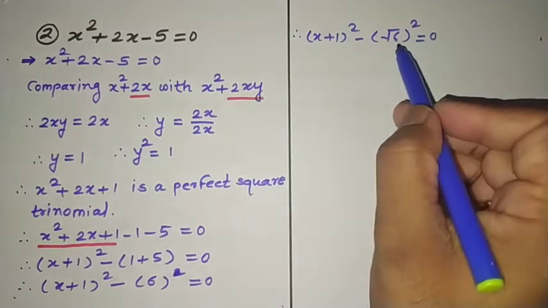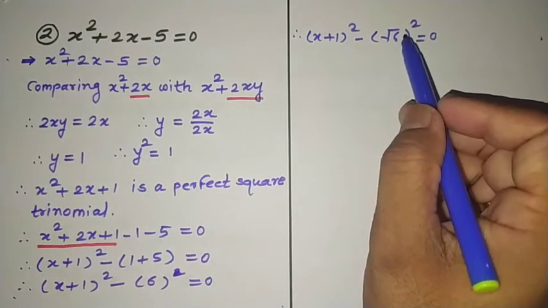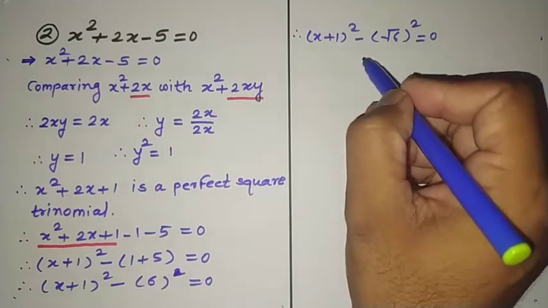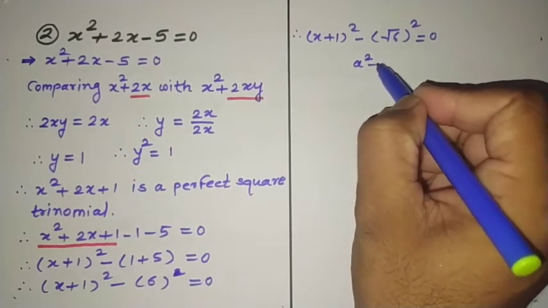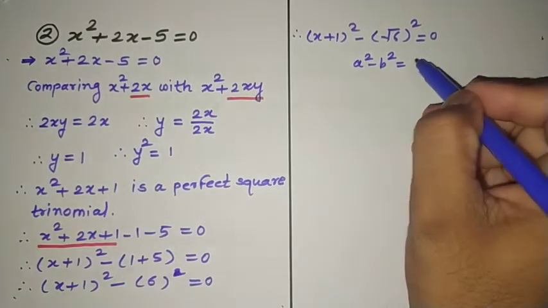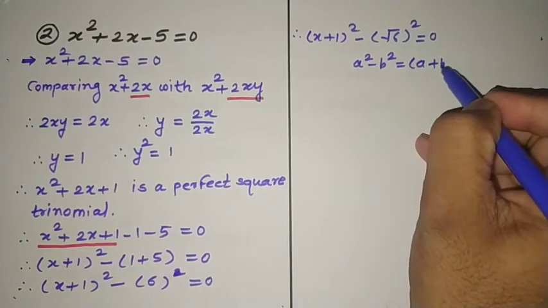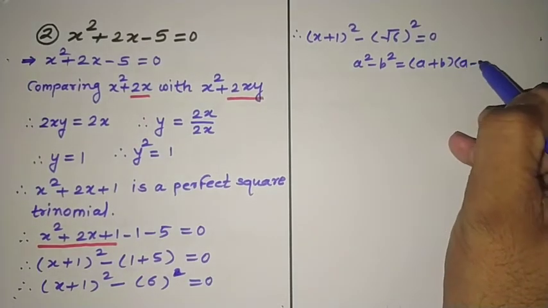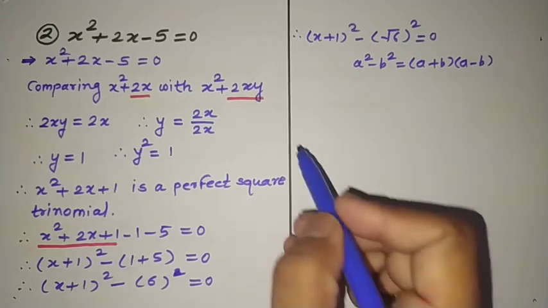Here, the difference of two squares, using the expansion formula a square minus b square is equal to the sum of the two terms in the first bracket and the difference of the two terms in the second bracket.